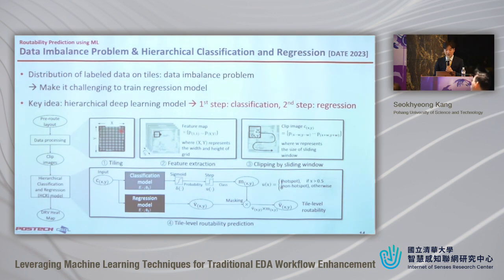Only some small parts have DRV violations, so it is not easy to get good training results. So in this case, we use the two-step hierarchical training and inference, that is the classification and regression.